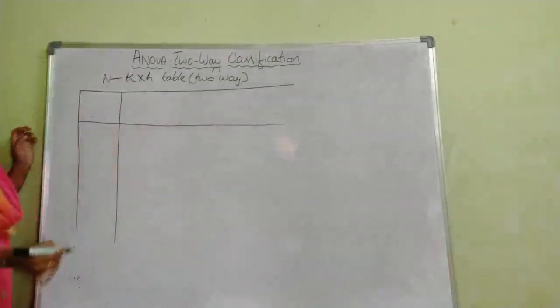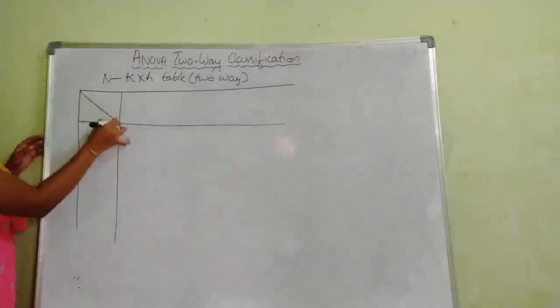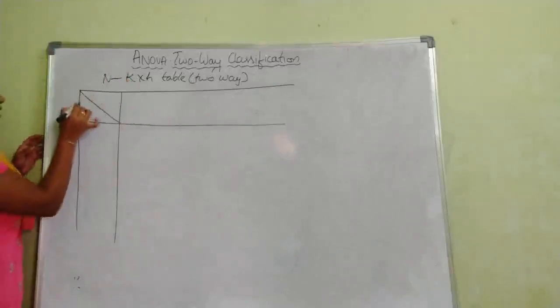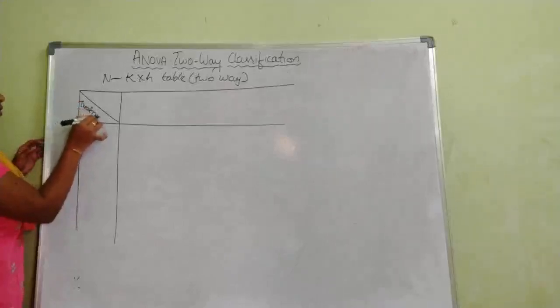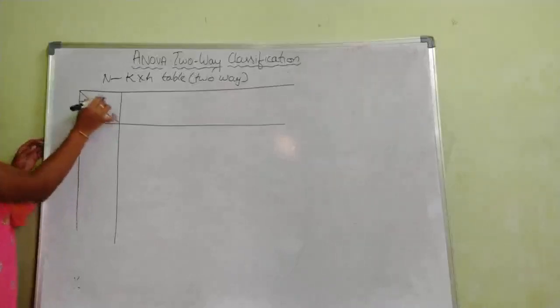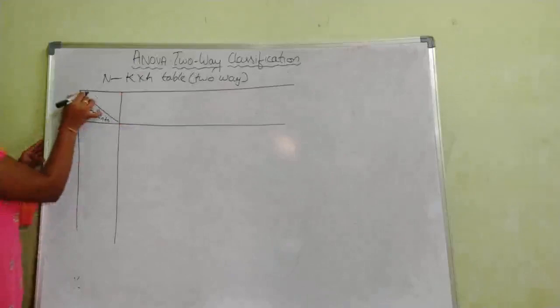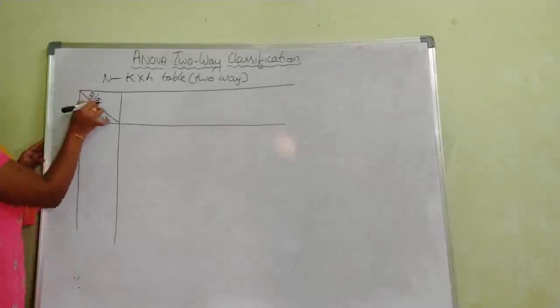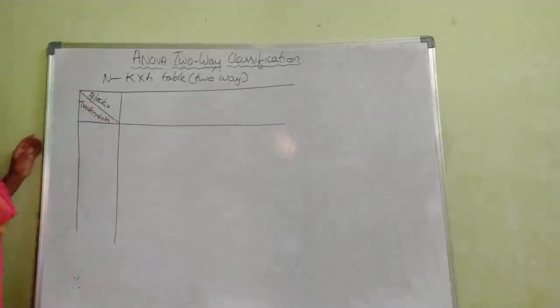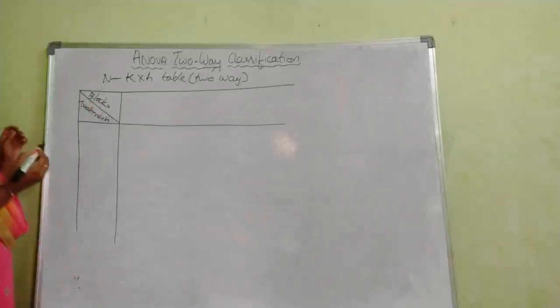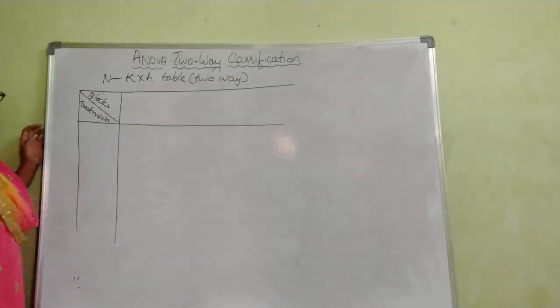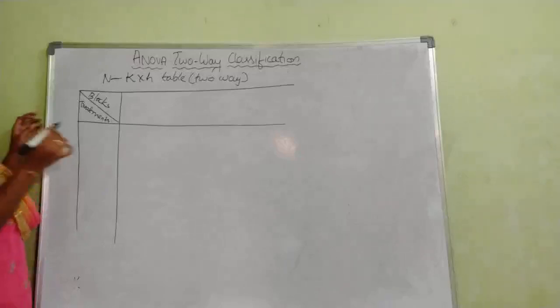So here we are going to write the treatments. Here I am going to write the blocks or varieties. You can say blocks or varieties, anything is the same. So total how many blocks are we dividing? We are dividing totally H blocks.